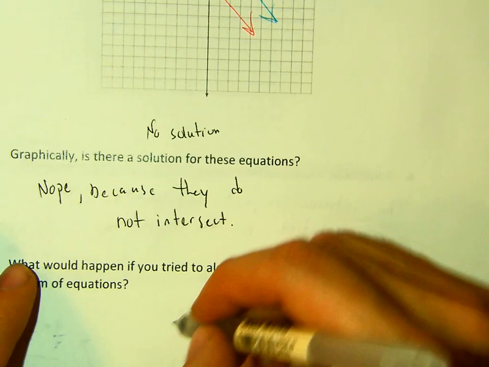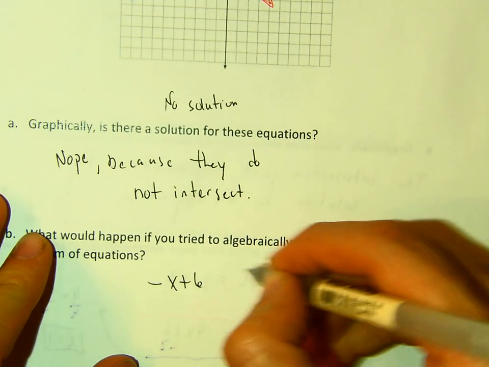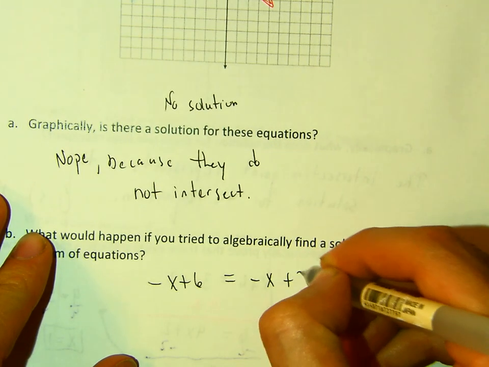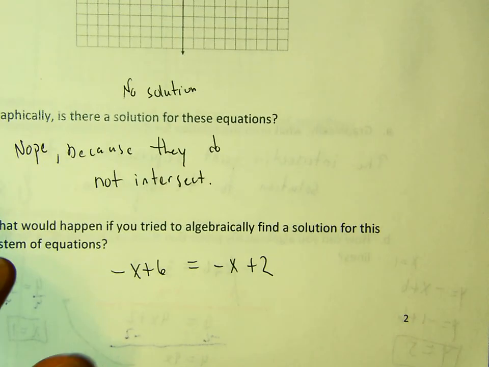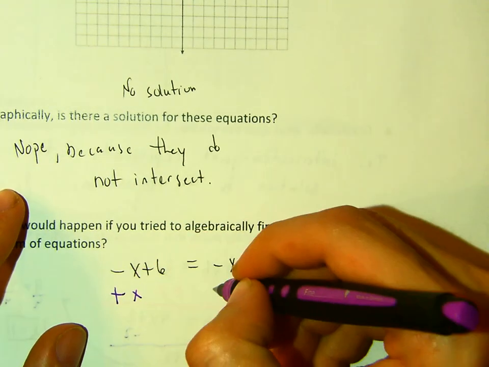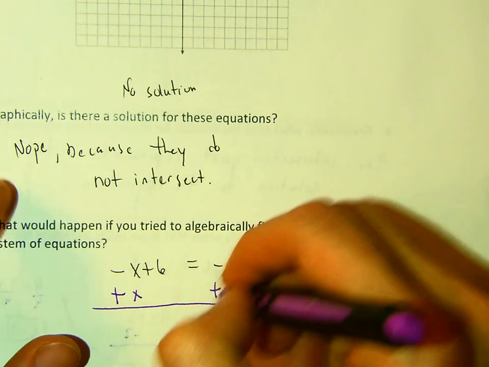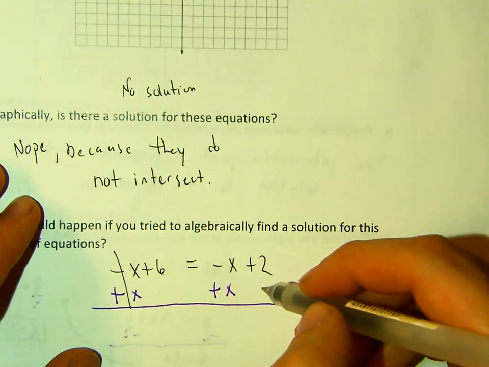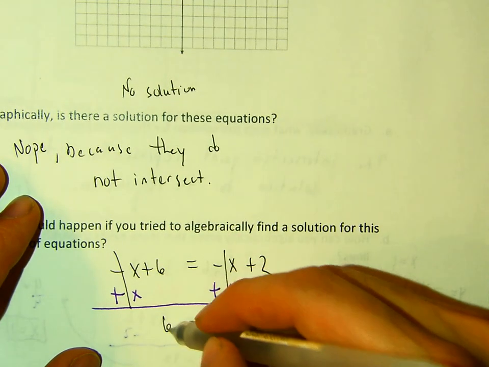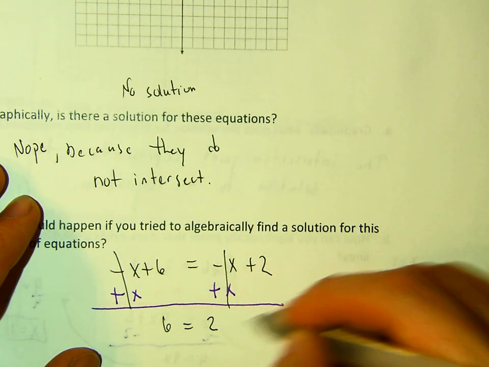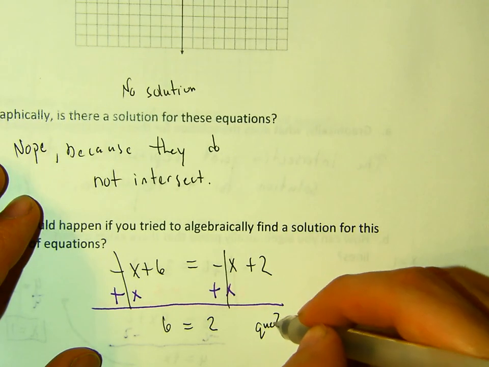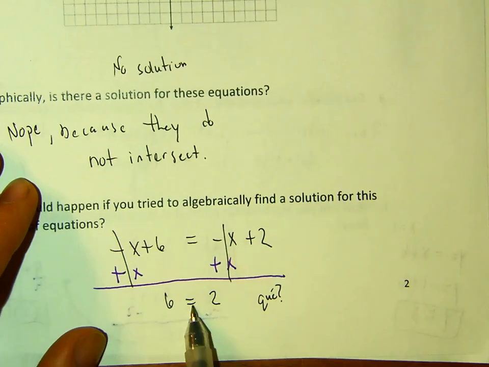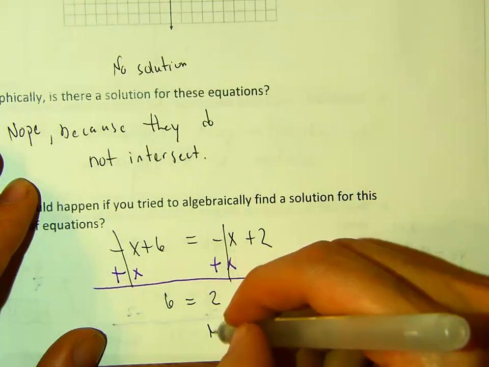If I have negative x plus 6 equals negative x plus 2, okay, well, let's see. What happens if we just do plus x plus x? Let's say if I add x on both sides. Well, then what do we get? This is 0. This is 0. So you have 6 equals 2. Okay? Like, that is very weird. This is not true.